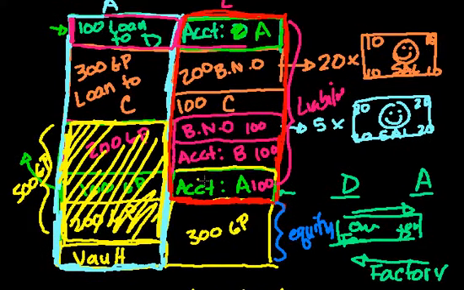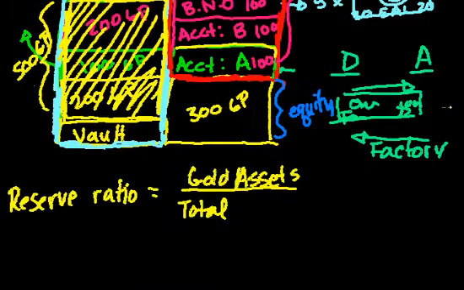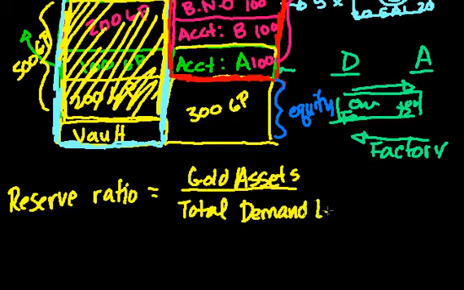Everything on the liabilities right now are on-demand loans, which means whoever has that liability can come back and exchange it for gold at any moment in time. But the bank could have taken just a regular loan, and a regular loan might not be on demand. It might be a loan that the bank doesn't have to pay back for 10 years, in which case there's no reason why the bank would have to set aside some gold to pay that back. So let's make our definition not total liabilities, but total demand liabilities.